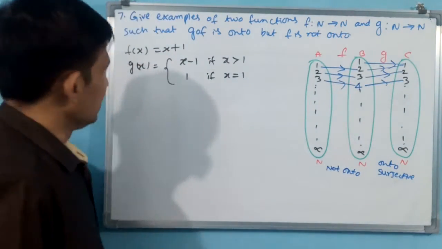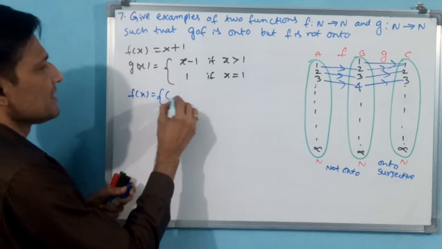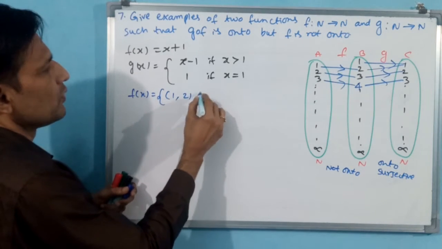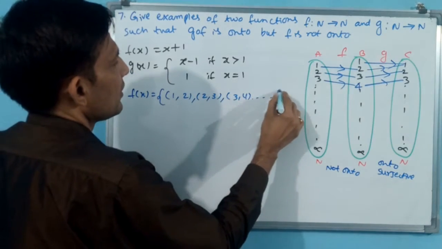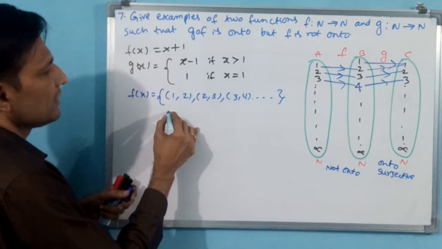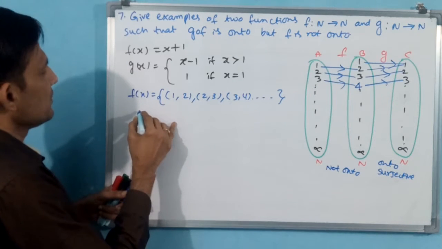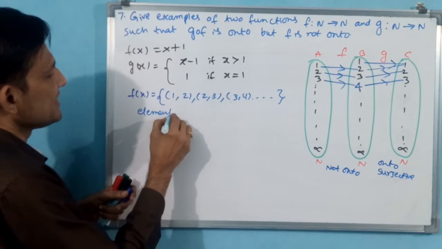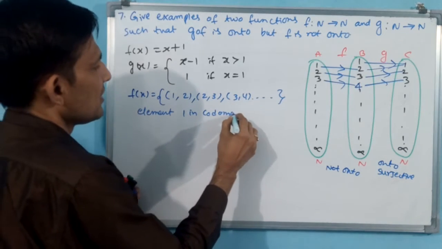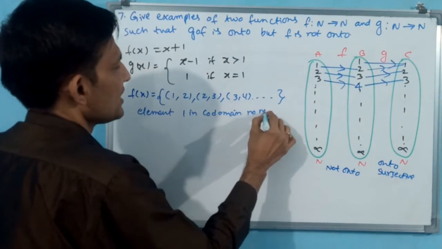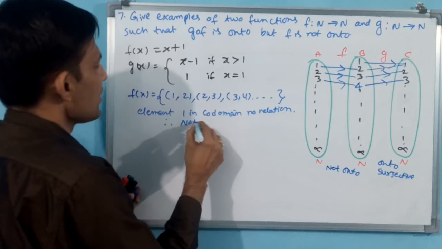You write like this. f of x is equal to: 1 gives 2, 2 gives 3, 3 gives 4. You write again: element 1 in the codomain has no relation, therefore not onto.